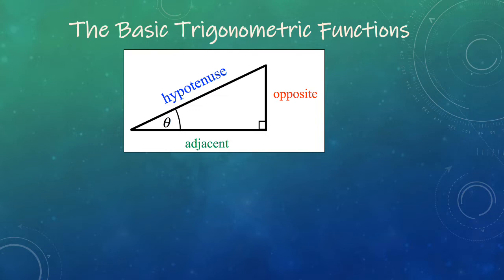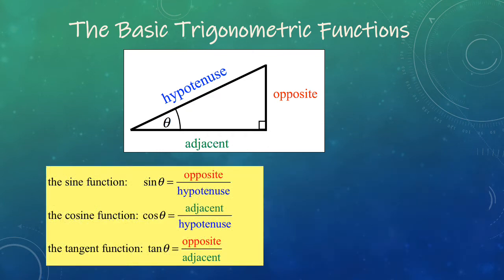Relative to theta, we have the side opposite and the side adjacent, meaning next to. And they are on opposite sides of the right triangle. All triangles are created like this. So we have three sides: hypotenuse, opposite, and adjacent relative to theta.